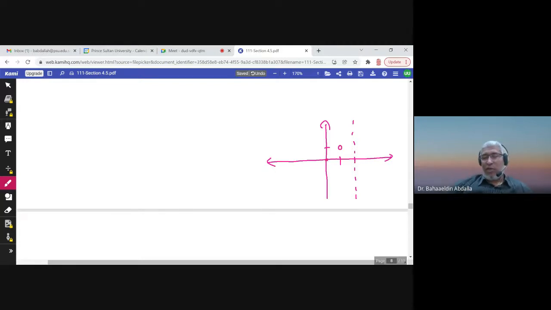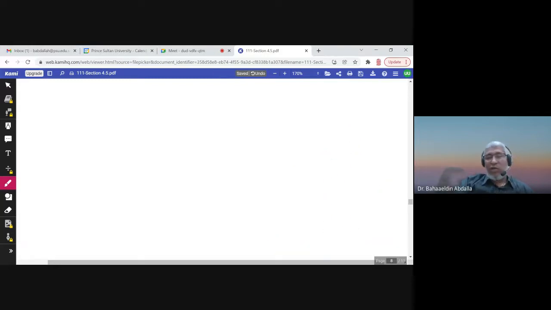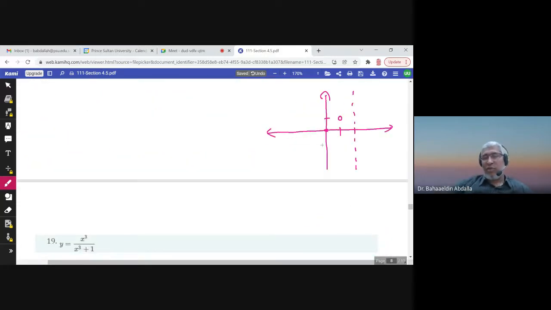Notice that the function passes by (0, 0). And what about the horizontal asymptote? y equals negative 1 is a horizontal asymptote. It looks like the function is going like this.